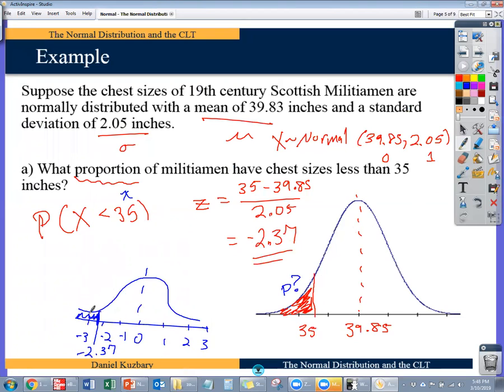It's going to be this area right here. So I'm saying this and that are the exact same thing. You may find that hard to believe, but this is how the probability theory works out.